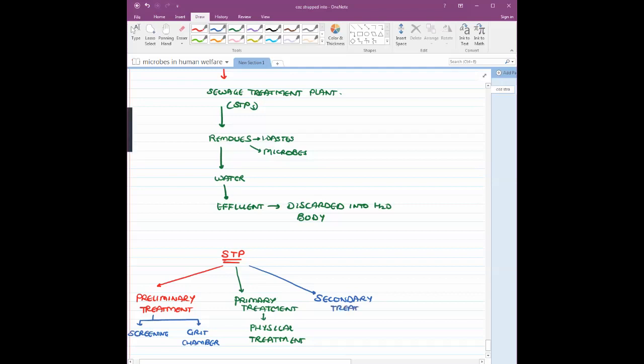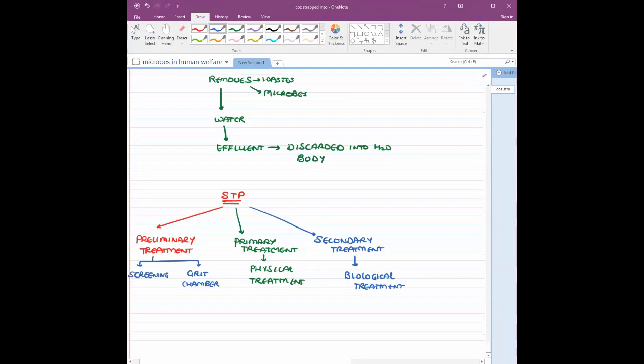Now in secondary treatment, what is going to happen, guys? You are going to make use of a biological treatment kind of thing. So you're going to target the biological properties over here. So we say in the secondary treatment, this is your biological treatment, or a biological process, or this is going to be a biochemical process.